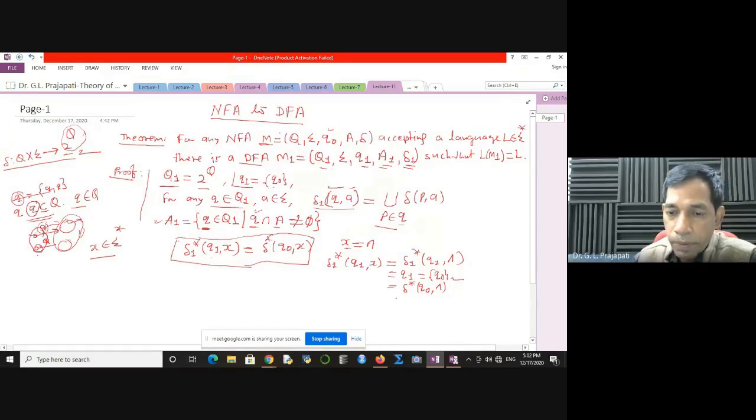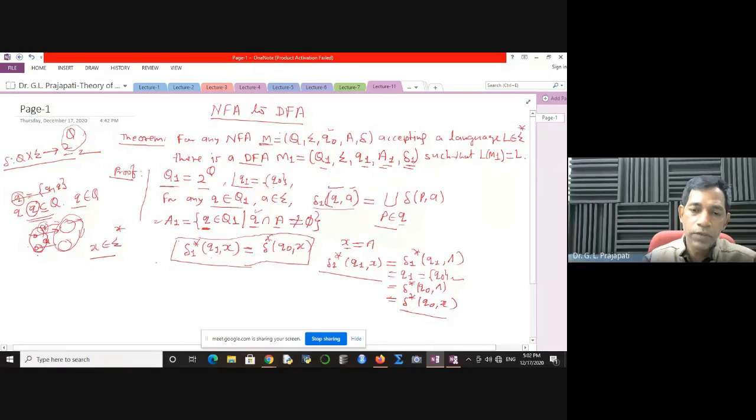That's why for X equal to null, delta 1 star (Q1, X) is equal to delta star (Q0, X). So this is for the trivial case.